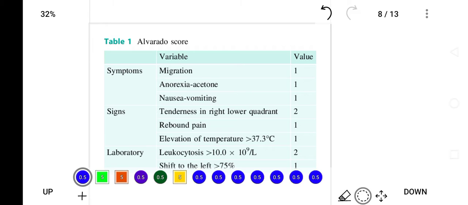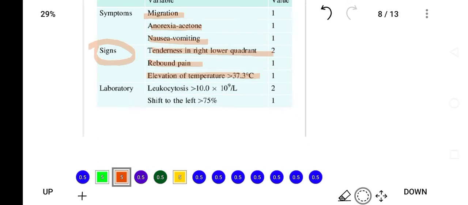The patient will also complain of migratory pain, with Rovsing's sign positive, anorexia, nausea, and vomiting. Signs will be tenderness in the right lower quadrant, rebound pain, and elevated temperature. The patient will have fever, pyrexia, and labs show leukocytosis with shift to the left.